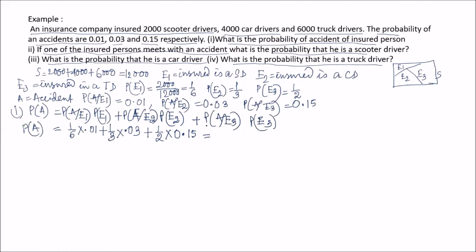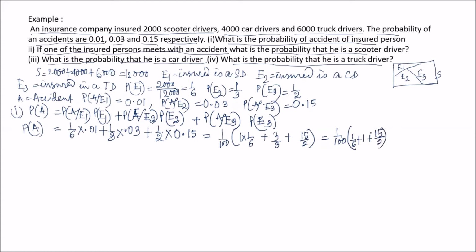So how much will it be? I can take 1 by 100 common from this. Then it will be 1 into 1 by 6, then 3 by 3, then 15 by 2. So this will be 1 by 100 into 1 by 6 plus 1 plus 15 by 2.